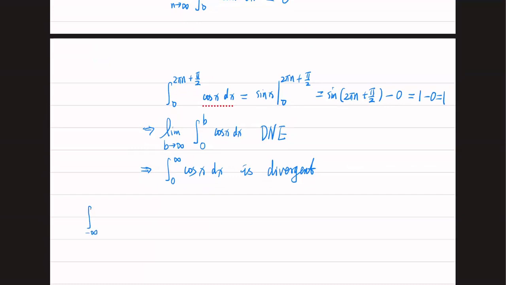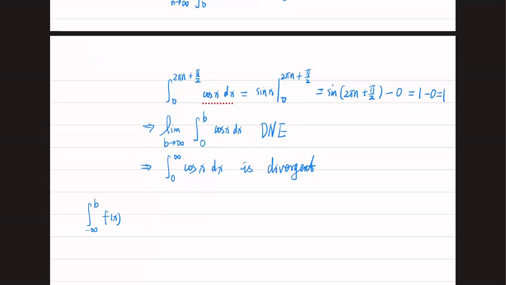Next, for this improper integral, we can define it as the limit as a goes to negative infinity, again, if the limit exists.